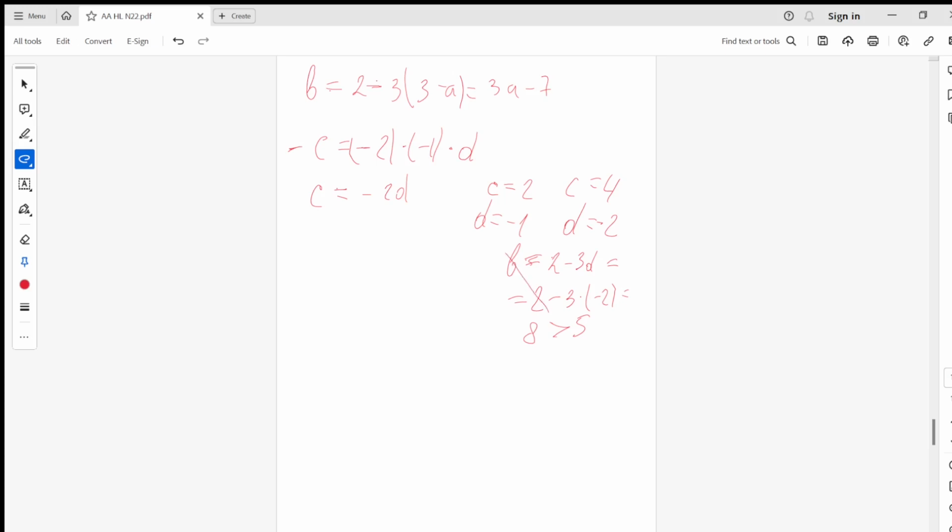So it's not possible, right? So the only option is c is equal to 2, d is equal to minus 1, then b is equal to 5, and a is equal to 4. And that's it.